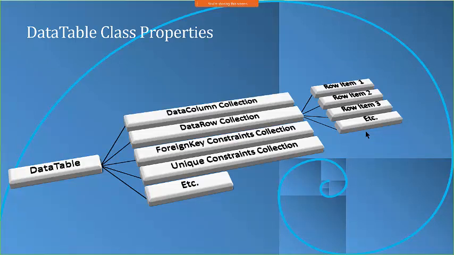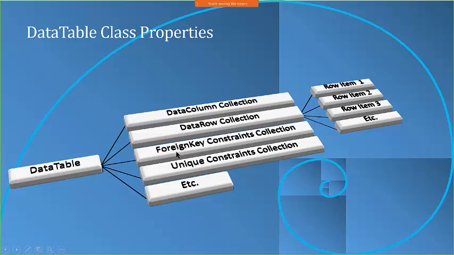Within a data table, you have a data column collection and a data row collection. Those define what type of data is in each column. The data row is actually where the data exists, so row 1, row 2, row 3, etc. will have the actual data.